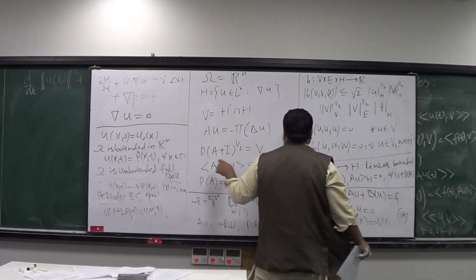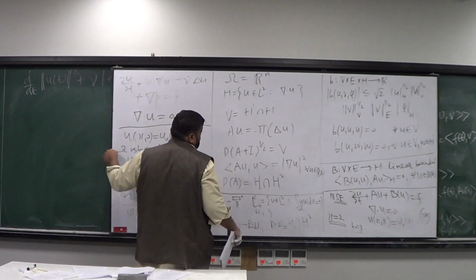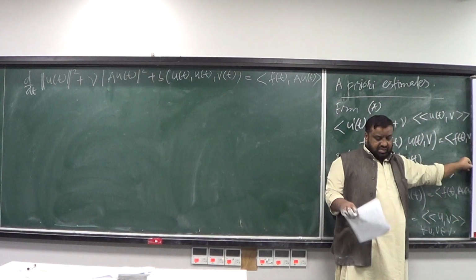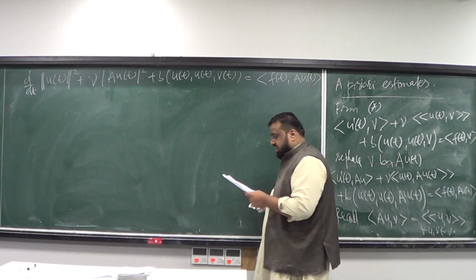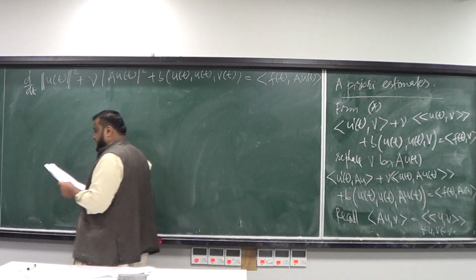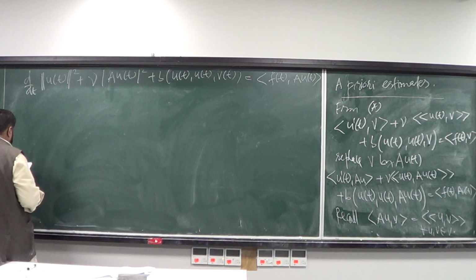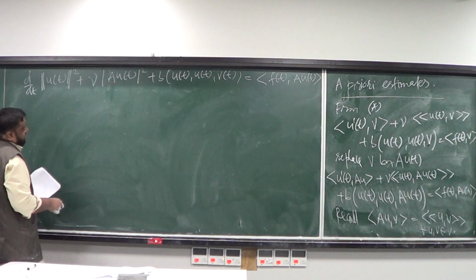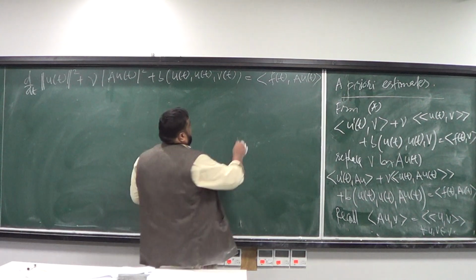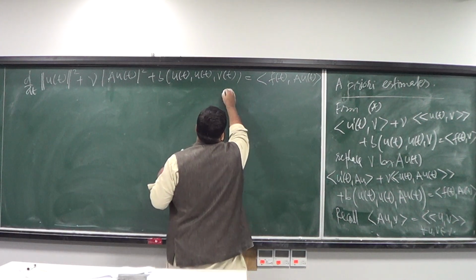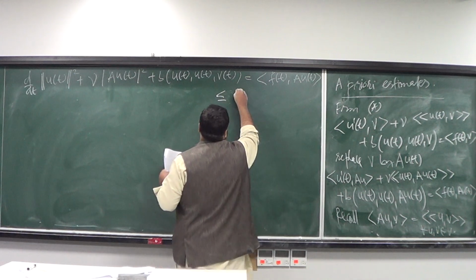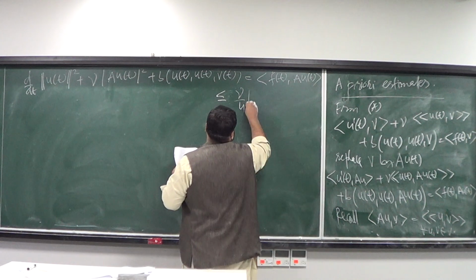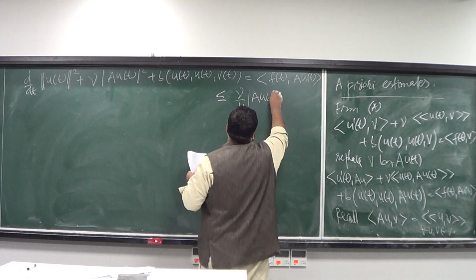In a simplified manner, I can do one thing first: I can estimate this term as previously, as mu by 4 times Au(t) squared.